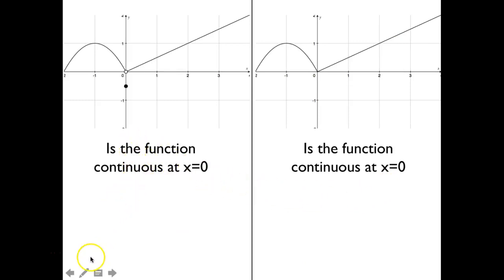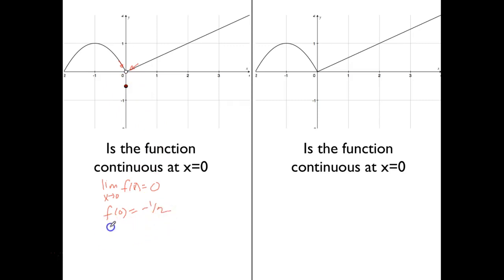Is the function continuous at x equals 0? Okay, first thing, the limit as x approaches 0 of our function. From the left and the right, both approaching a y value of 0. We're good. F of 0, is there a point? Yeah, it looks like it's a negative half.